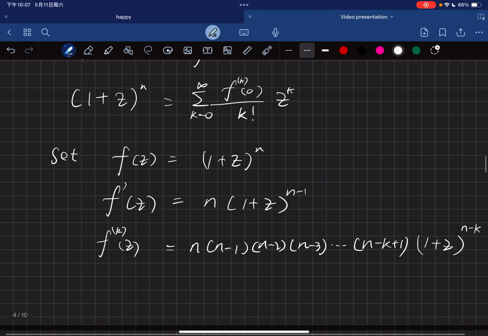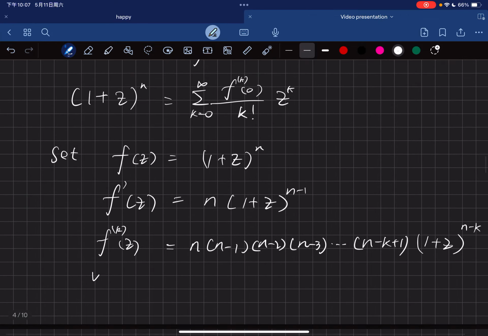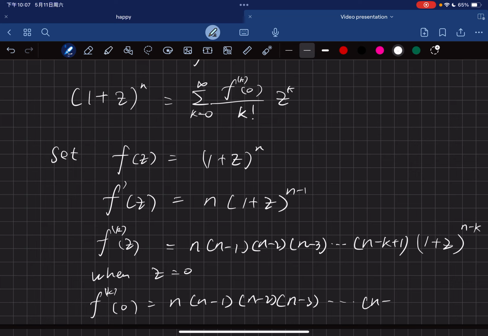And when z equals 0, we have n times n minus 1 times n minus 2 times n minus 3, until n minus k plus 1.